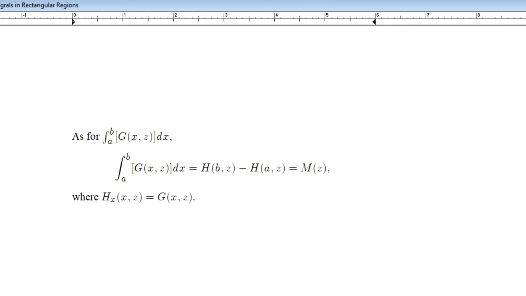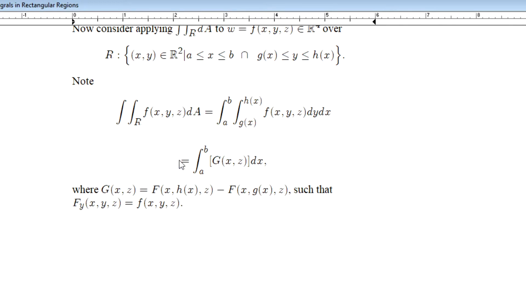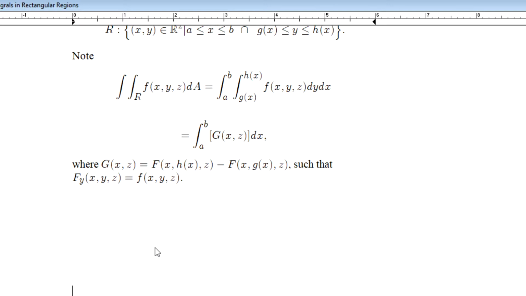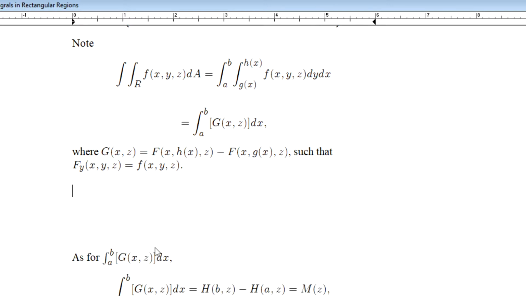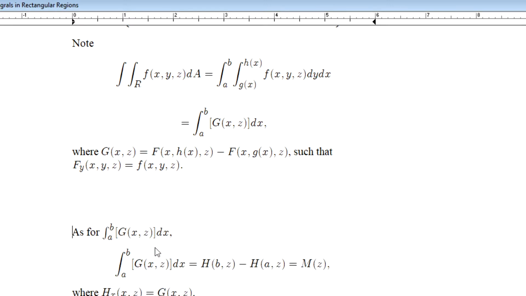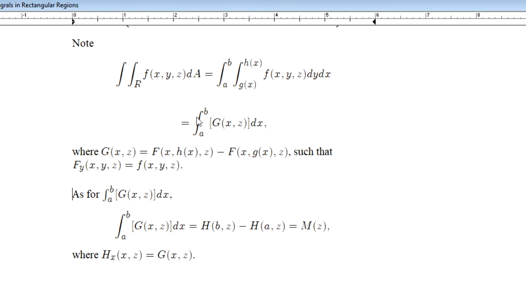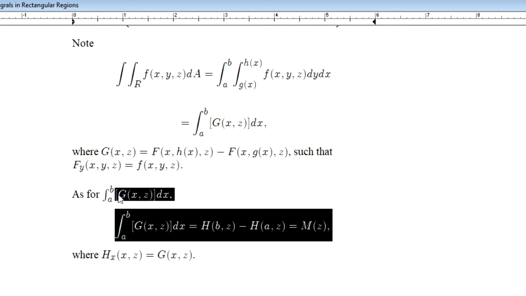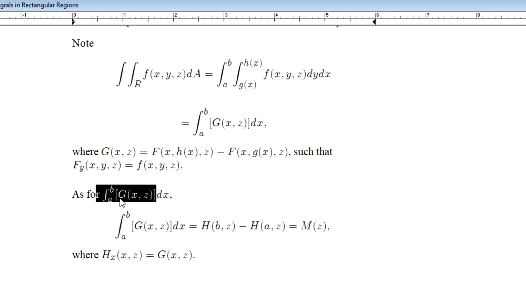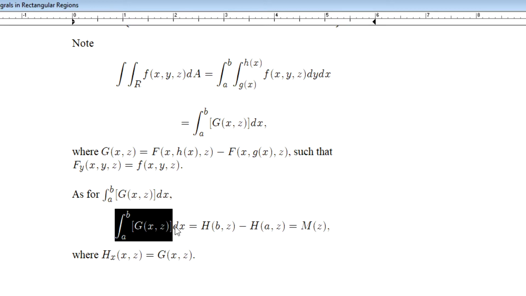If we do that, let me bring this note up, and we consider the value then for this integral seen here: the integral from a to b for that multivariable function big G of x comma z, all integrated with respect to x.